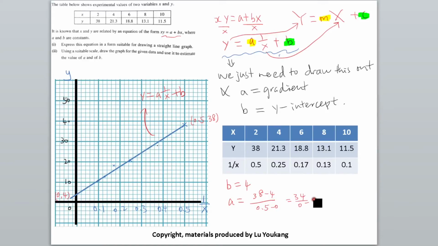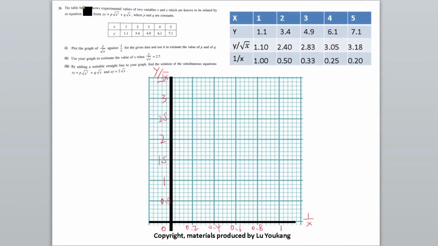And you should get 34 over 0.5, which gives you 68 or 6.8.